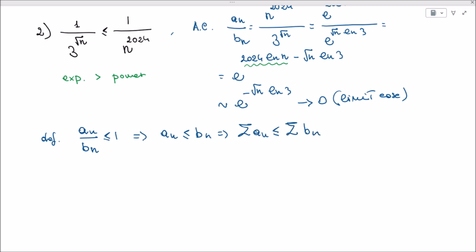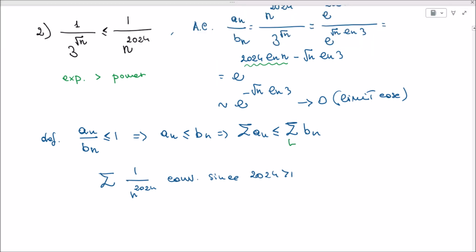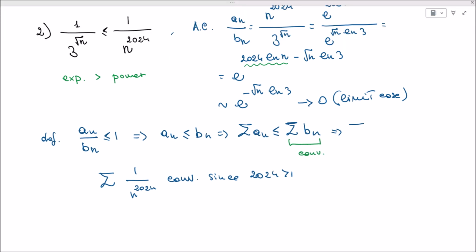Now, we know, luckily, that the sum of 1 over n raised to the 2024 is convergent. And it is convergent because 2024 is larger than 1. So we can conclude now that because this converges, we can then finally conclude that the sum of an converges.